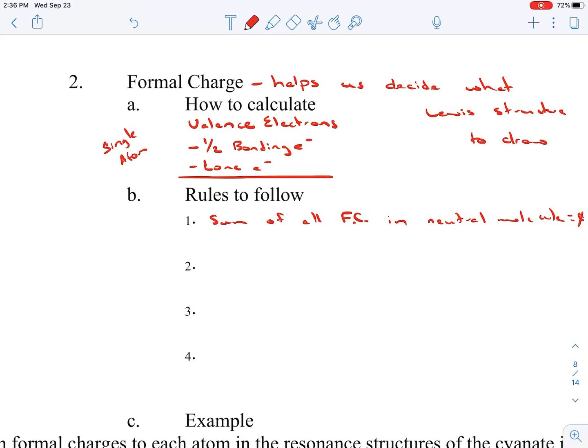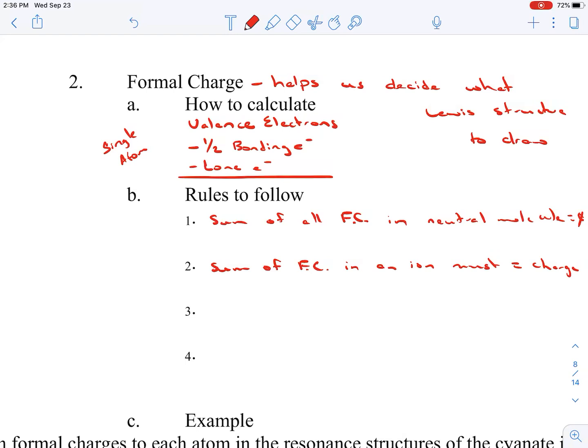Then we have the sum of formal charges in an ion must equal the charge of that ion. And we'll see an example of that in a little bit.